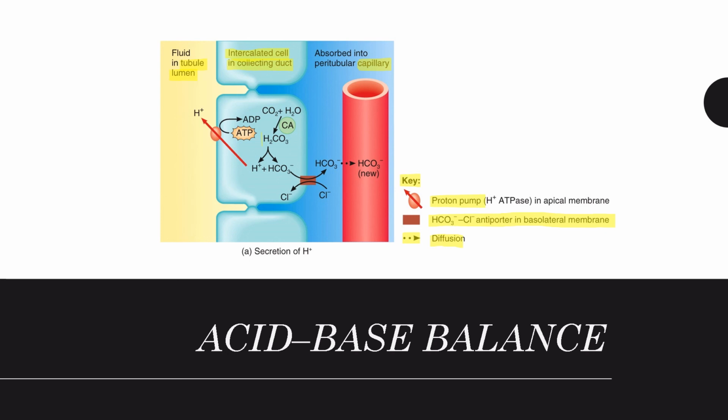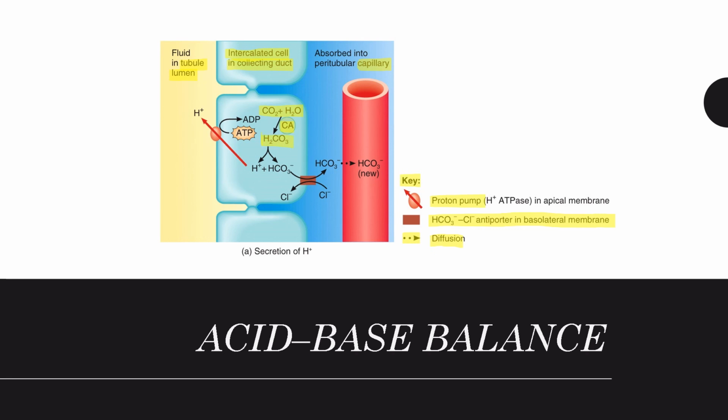So we're going to start out here with carbon dioxide and water in the cell, just some of those products of metabolism. And we have carbonic anhydrase here. Remember that enzyme that's going to assist that rapid conversion of carbon dioxide and water into carbonic acid.